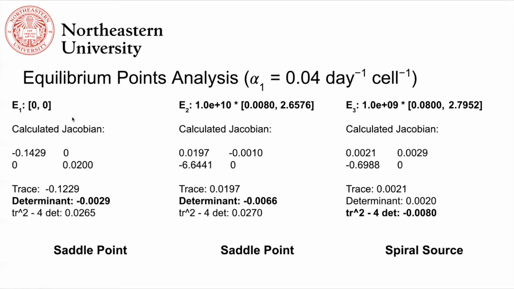The first point at 0, 0 is a saddle point because of the negative determinant, and the same for the second point, which is also a saddle point because of the negative determinant. However, the third point is a spiral source because we have a positive trace and determinant, but the trace squared minus 4 times the determinant is negative.